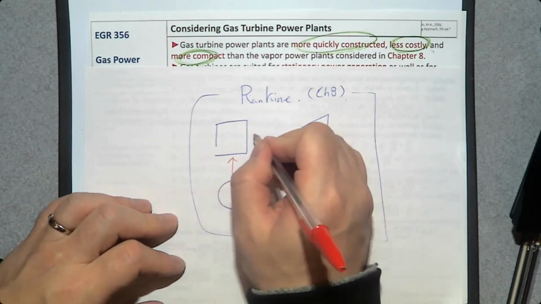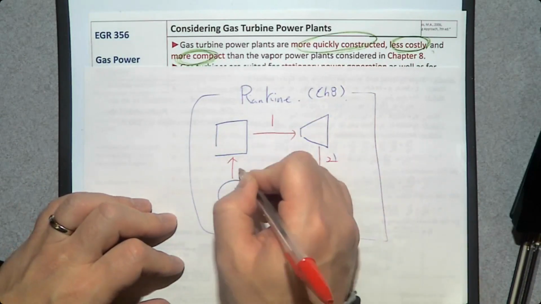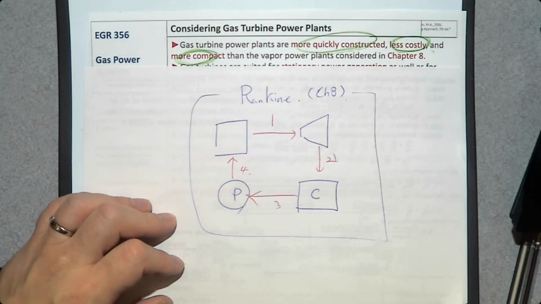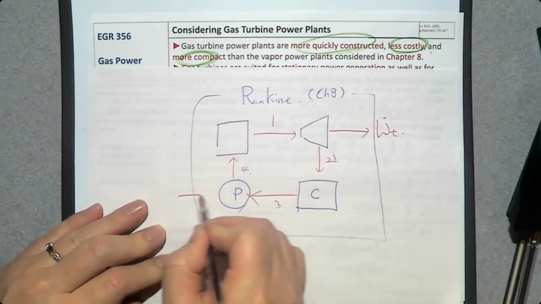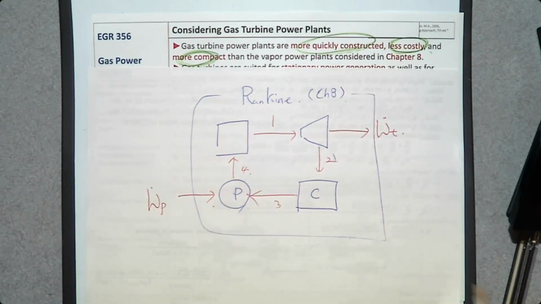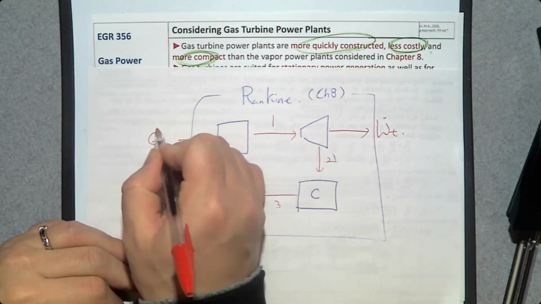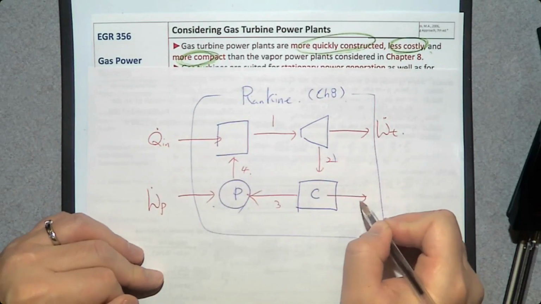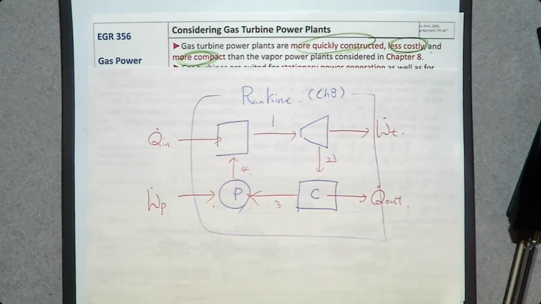So there's number 1, number 2, number 3, and number 4. We produce power here, W dot T, and we consume work, W dot P, and we have a heat transfer input to the steam generator, Q dot in, and a heat rejection from the condenser by cooling fluid, Q dot out.